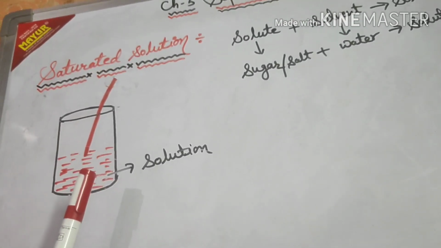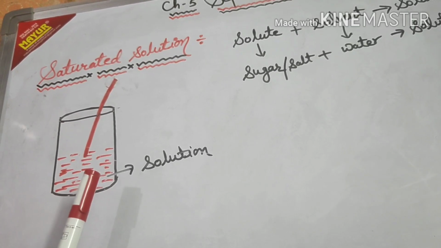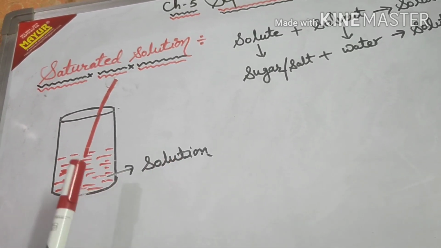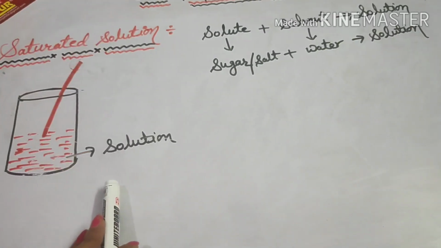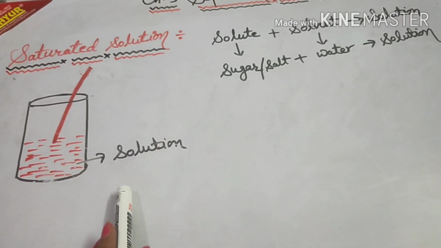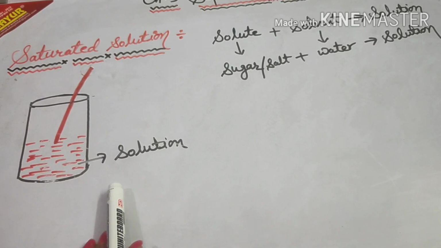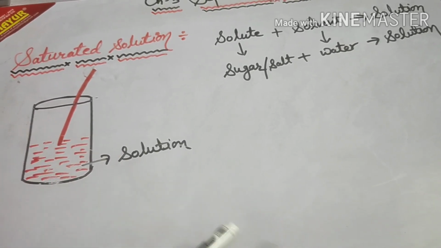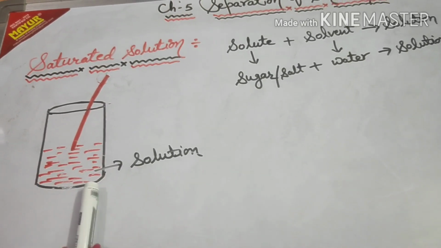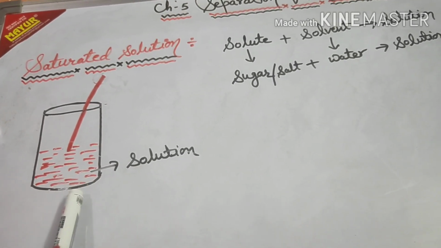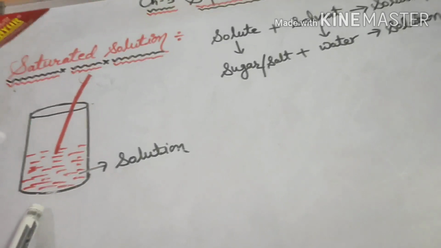All right, so a solution is said to be saturated when no more solute can be dissolved in the solvent. So in that case, let's say you keep on adding more salt, and once the solution has reached its saturation level, and you keep on adding, what will happen?